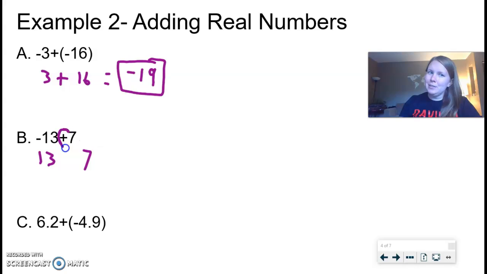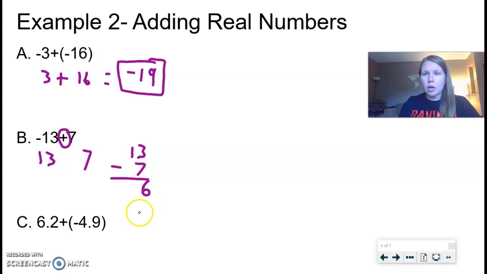I know it says addition, but in this case, we end up subtracting them. So I'd have 13 minus 7, which is 6. And then I keep the sign of whatever was the larger absolute value. 13 is larger than 7, and the original sign of 13 is negative. So now I have negative 6.